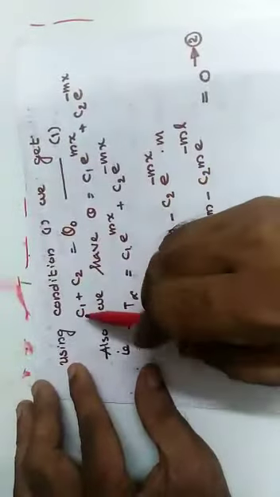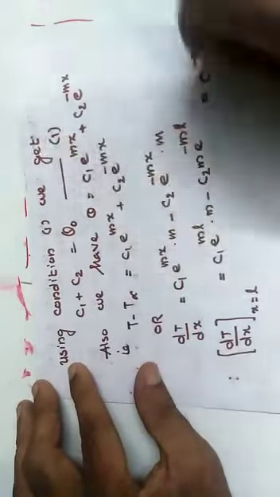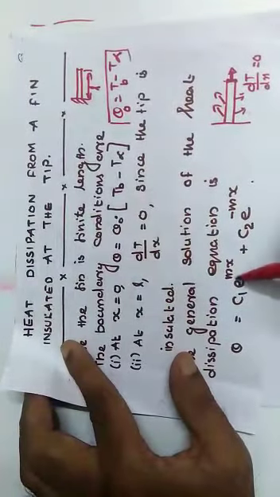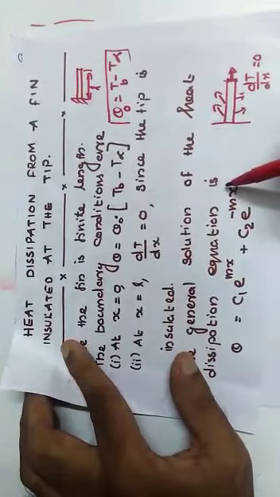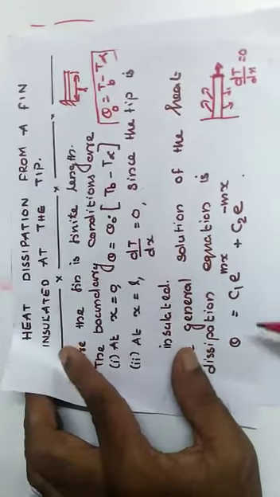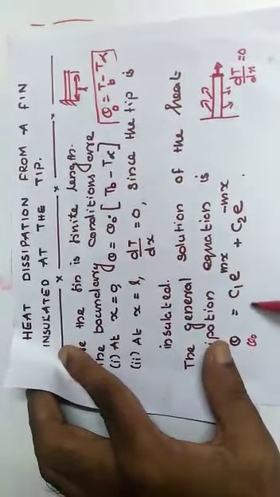Now apply the first boundary condition, that is x equal to 0. This term will become 1, and this term also becomes 1. When x equal to 0, theta equal to theta 0. That means theta 0 equal to C1 plus C2.